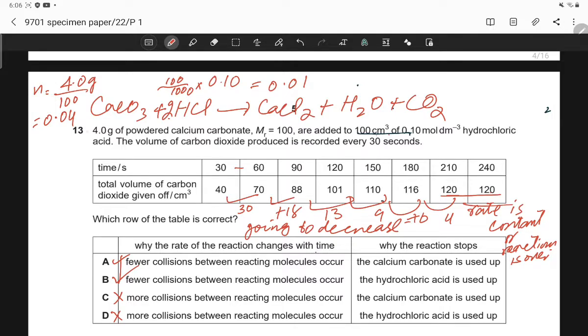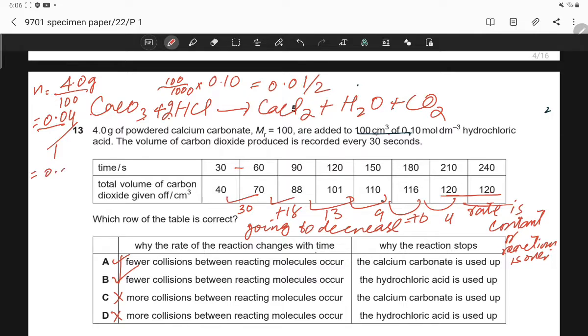Now we find that 1 mole of calcium carbonate reacts with 2 moles of HCl. Now 0.01 divided by 2, and this is divided by 1, to make these two reactants comparable.